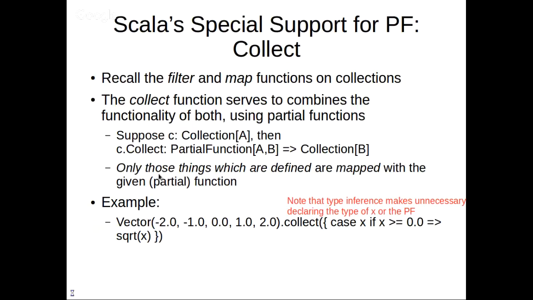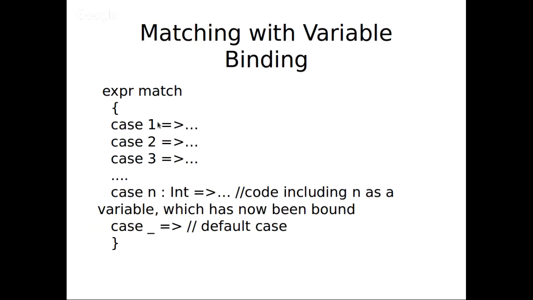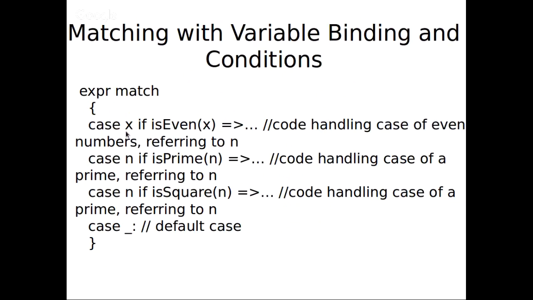I don't know if you remember that, but we saw things like this. So you can do expression match and handle different cases. And this makes it look almost like just a different version of the C or Scala or Java construct. But in fact, you could do much more interesting things. You could do things like this: case X if X even, case X N if N prime, case N if N square.